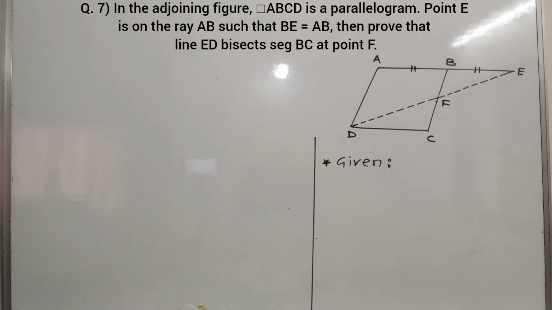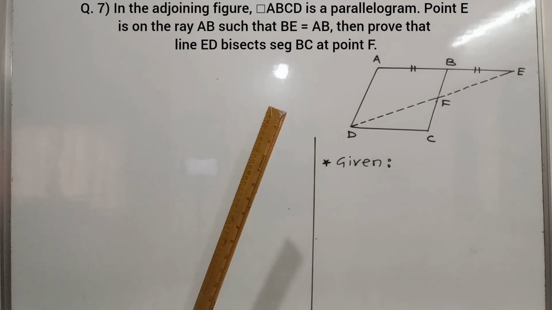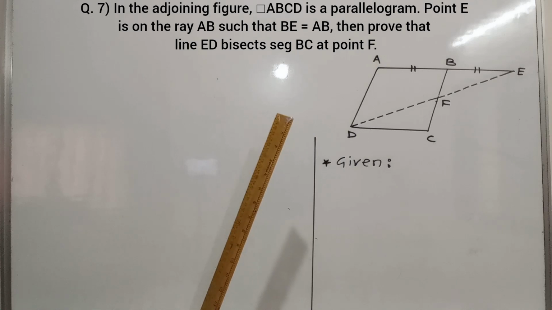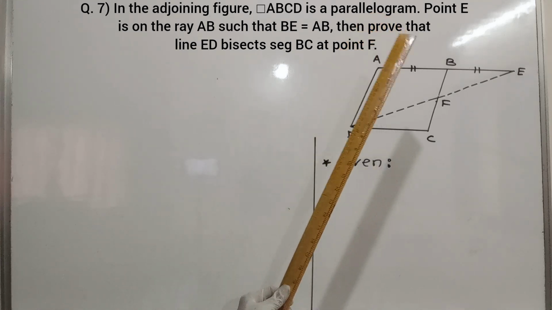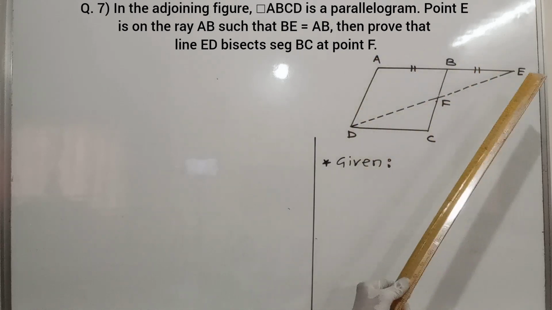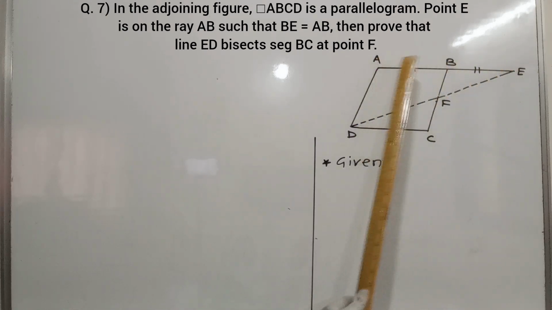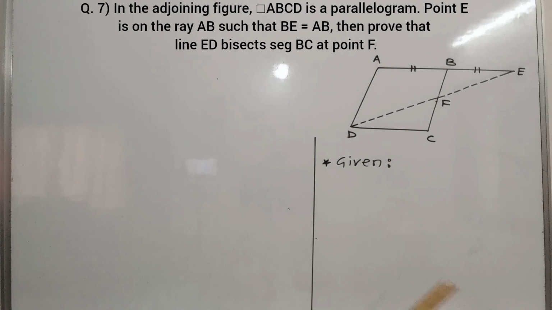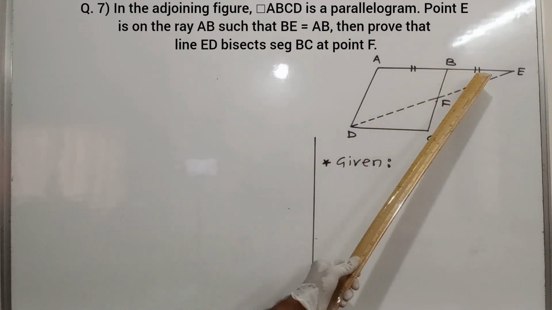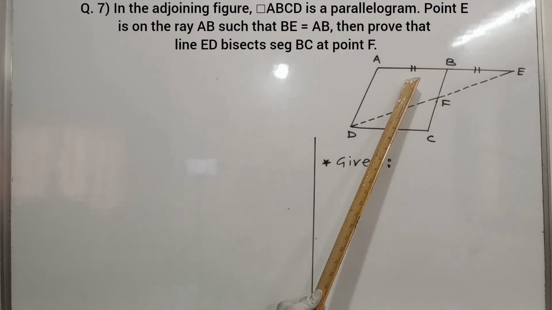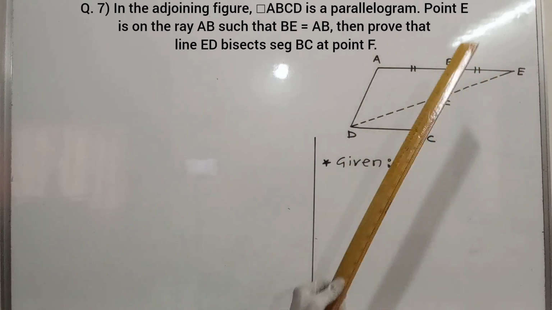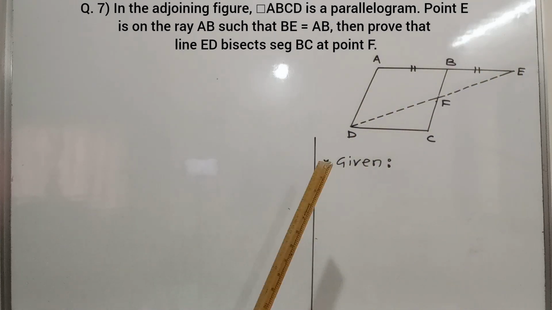Practice set 5.1, question number 7. In figure 5.13, quadrilateral ABCD is a parallelogram. Point E is on the ray AB such that BE is equal to AB. This is given.